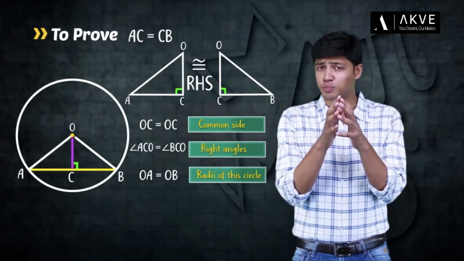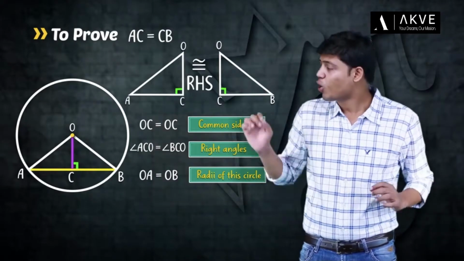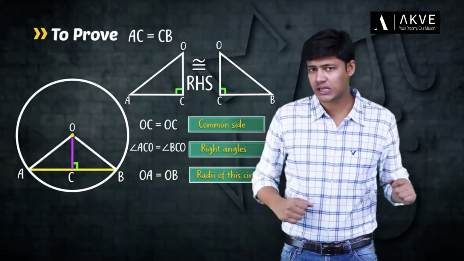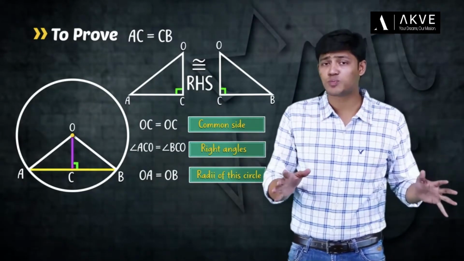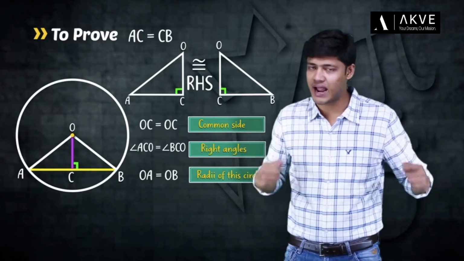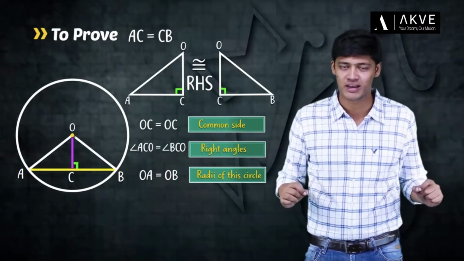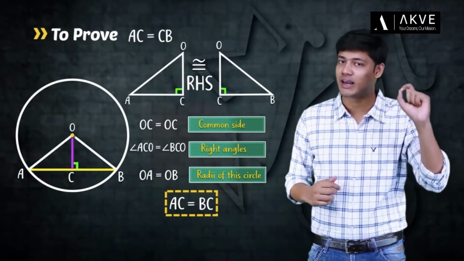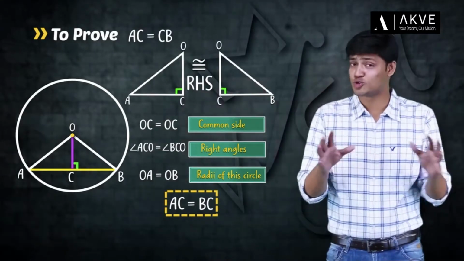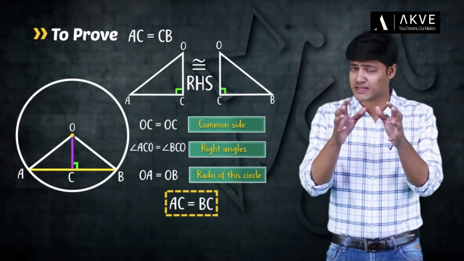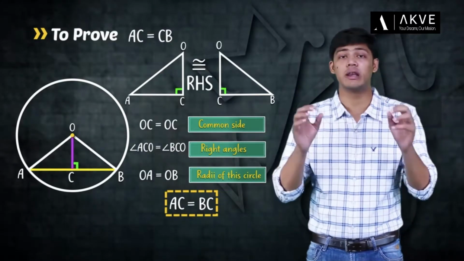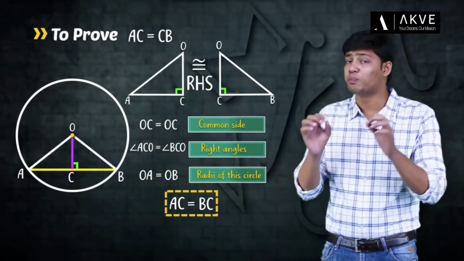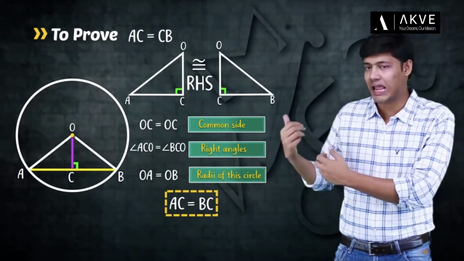So, we finally proved that the triangle OAC is congruent to the triangle OBC, which implies that the corresponding sides of both these triangles must be equal. Therefore, the length of AC will be equal to the length of BC. So, we proved that the length of line segment AC is equal to the length of the line segment BC, which implies that OC bisects the line segment AB.